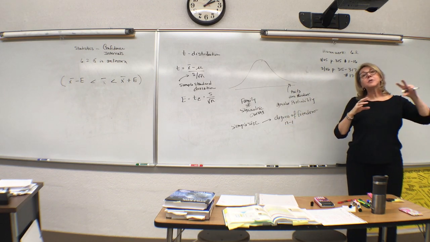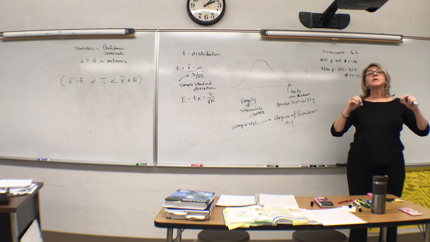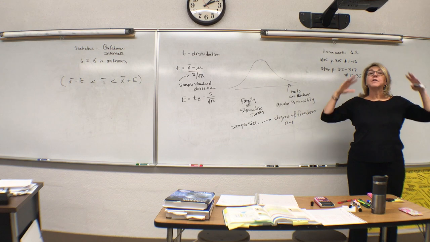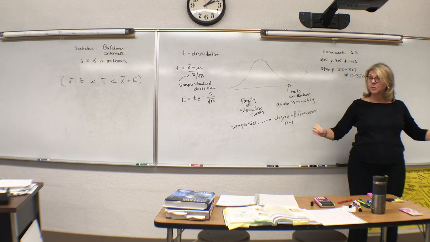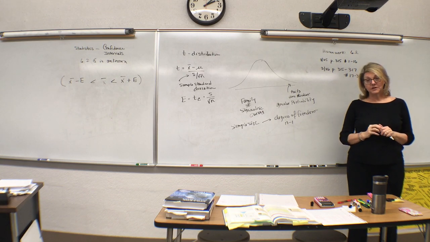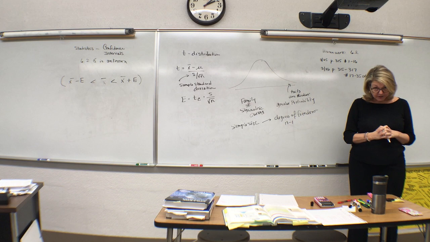So as n increases, the degrees of freedom increase. As the degrees of freedom increase, the curve looks more and more and more like the normal distribution. Ultimately, one would not be able to tell them apart.